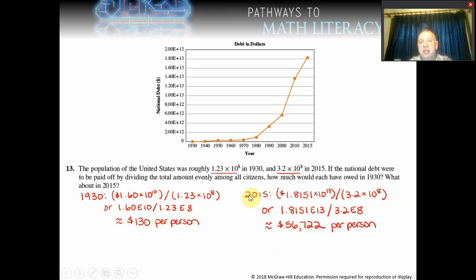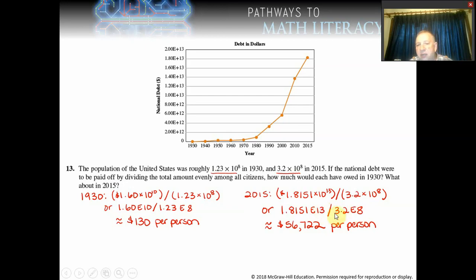In 2015, this has grown to 1.8151 times 10 to the 13. That's what this is up here. And divided by 3.2 times 10 to the 8 people. And once we do this calculation, either Excel or calculator, times 10 to the 13th, this times 10 to the 8th, that's going to divide out.